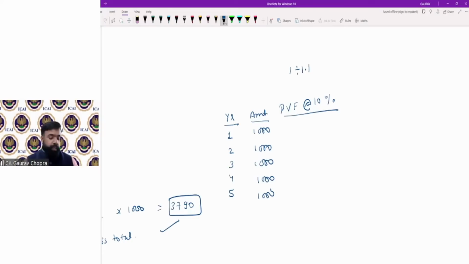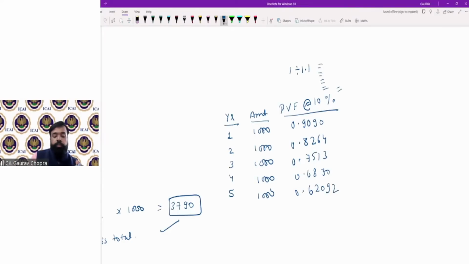As soon as you divide this and press equal to, first equal to gives the value of first year, that is 0.9090. Pressing second equal to will give you the figure for second year, 0.8264. Then you press third equal to, you get 0.7513. Next equal to will give you the fourth figure, 0.6830, and next equal to again will give you the fifth value, that is 0.6209.